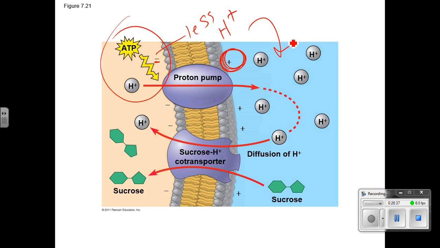This voltage difference, this extra H plus, is going to cause sucrose to be absorbed here into the cell. This is the inside of the cell. It's going to cause it to diffuse through this section. That's what a co-transporter is. You need one to help the other.